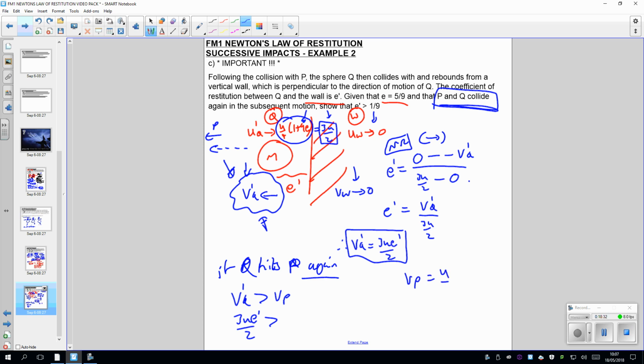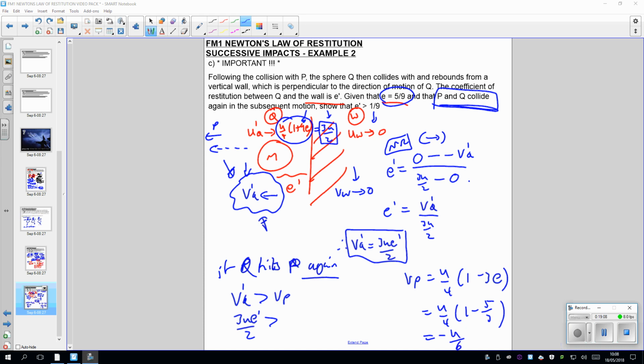VP was U/4 (1 minus 3E). And we know that E was 5/9. So that's going to be U/4 (1 minus 3 times 5/9). So 5/3. And that means we're going to get minus 2/3 times that. So minus 2/3 times U/4 is going to be minus U/6.